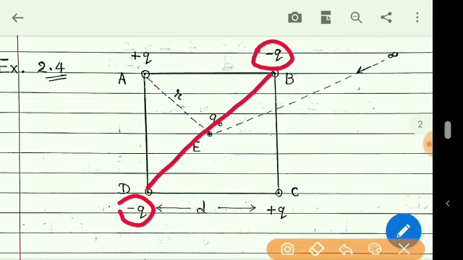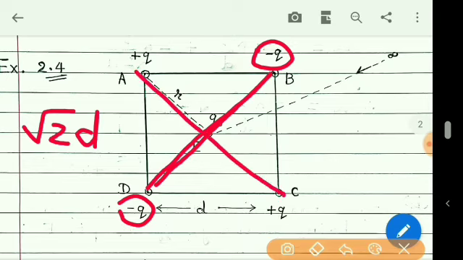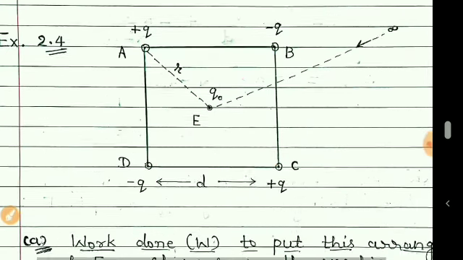So once again minus into minus will become plus. Again the length of the diagonal is the same as earlier, that is root 2 D. And so the potential energy of these two pairs, pair AC and pair BD, is also the same.